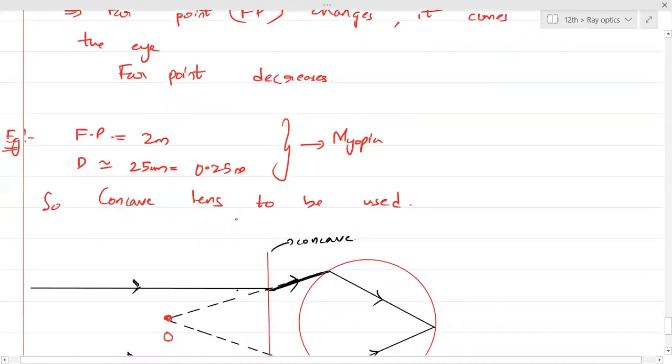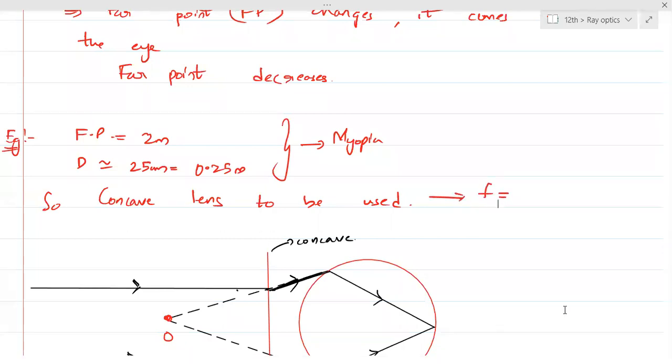So here concave lens का magnitude focal length कितना होना चाहिए according to this example? What should be the focal length of the concave lens? क्या होना चाहिए? With proper sign के साथ focal length. Everyone please answer. अगर एक बार समझ आ गए ना, it will be easy.